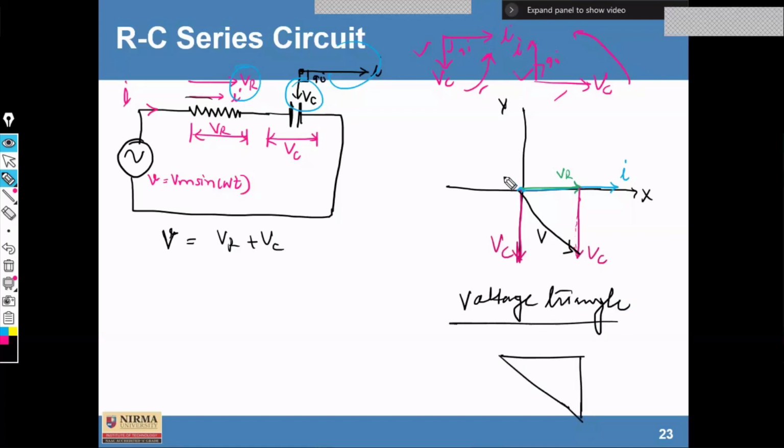Here we can write O, A and B, and this is the angle phi. This is VR, this is VC. Sometimes it is also written as minus VC because it is in the negative half. And here it is V.